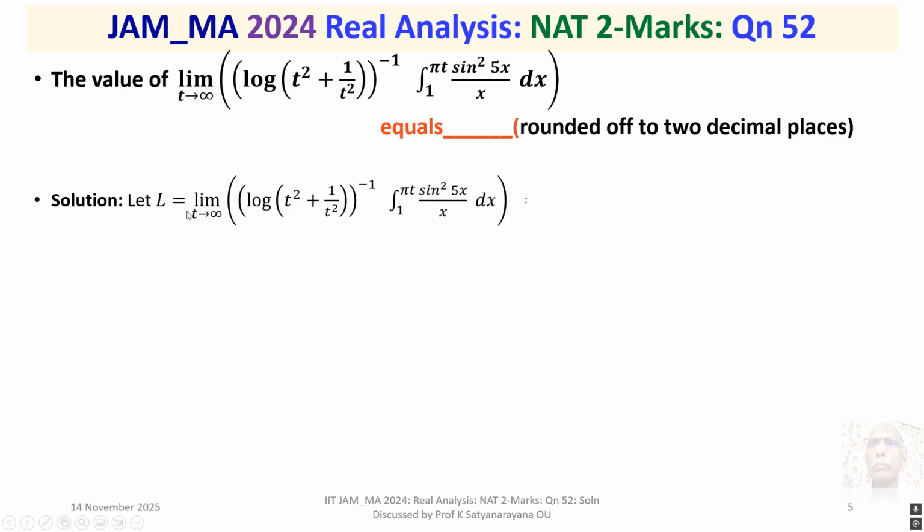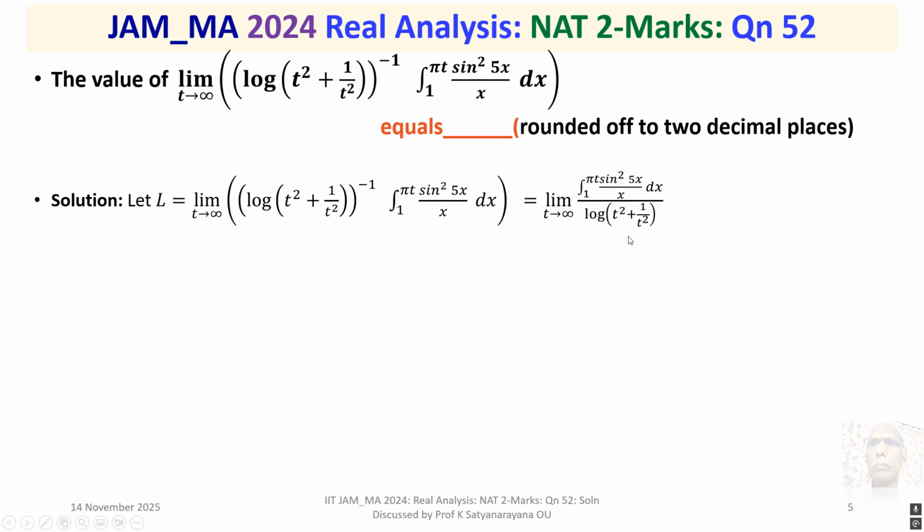Let capital L be equal to limit t tends to infinity of, in brackets, the inverse of log of (t square plus 1 by t square) multiplied by the integral from 1 to pi t of sine square 5x by x. This is equal to limit t tends to infinity, the numerator is integral from 1 to pi t of sine square 5x by x dx, divided by log of (t square plus 1 by t square).